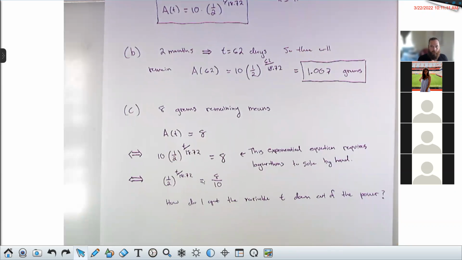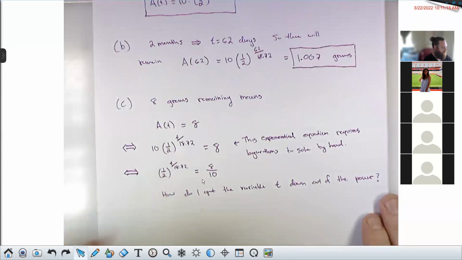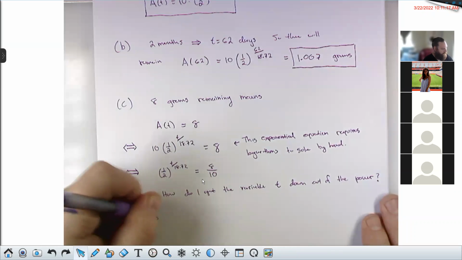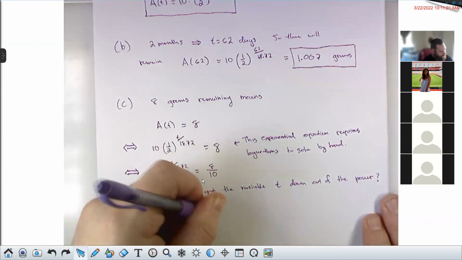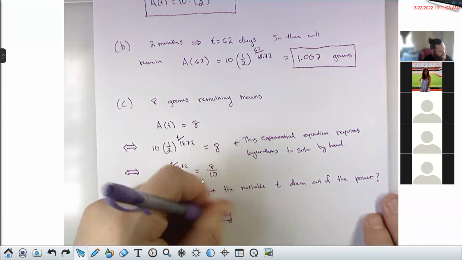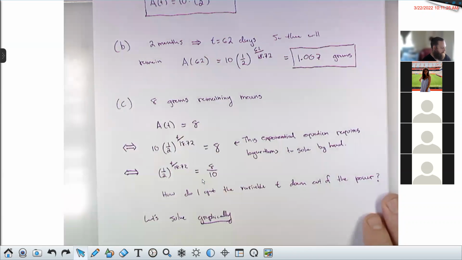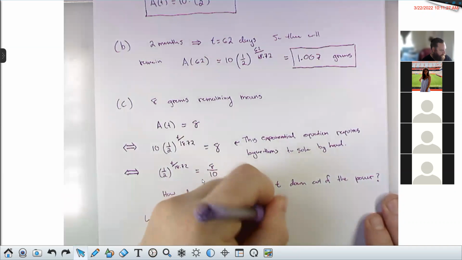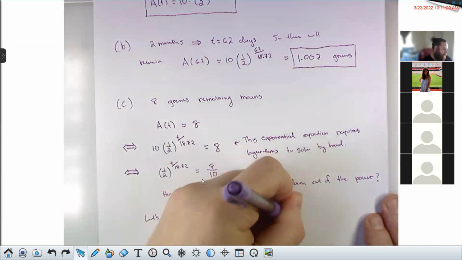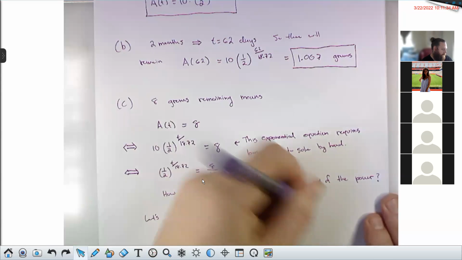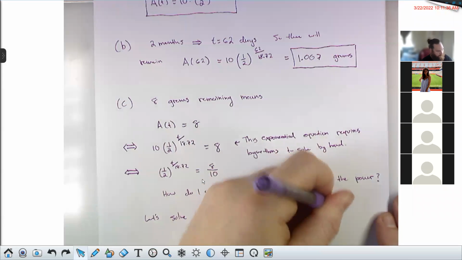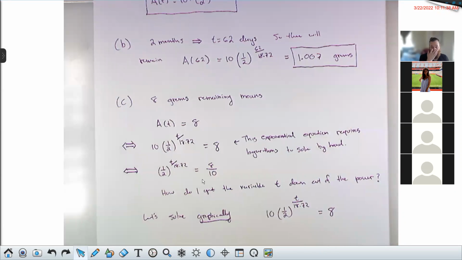So what we need to do is solve this graphically. Right now, this is all we have. I'm going to take the original equation, 10 times 1/2 raised to the t over 18.72 equals 8, and show you how to solve this graphically.